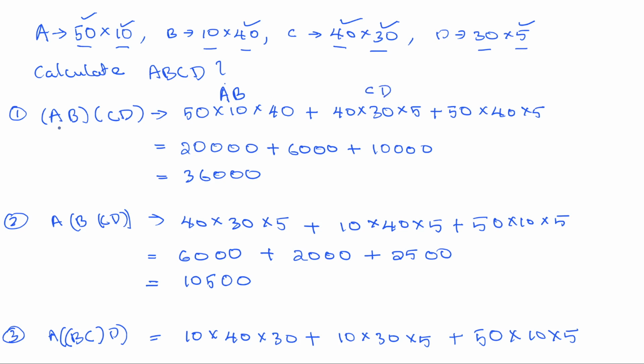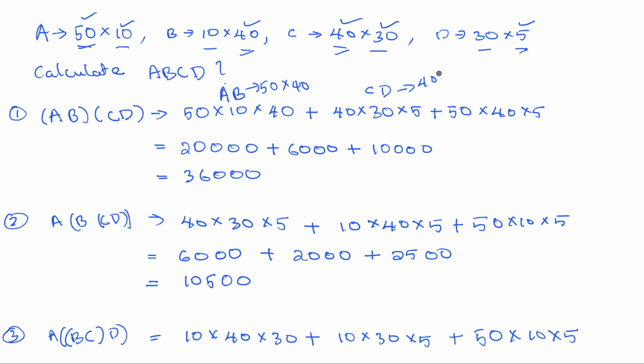Now we have with us the product AB and the product CD, and we have to calculate the multiplication of these two matrices. The dimension of AB will be 50 by 40, and the dimension of CD will be 40 by 5.